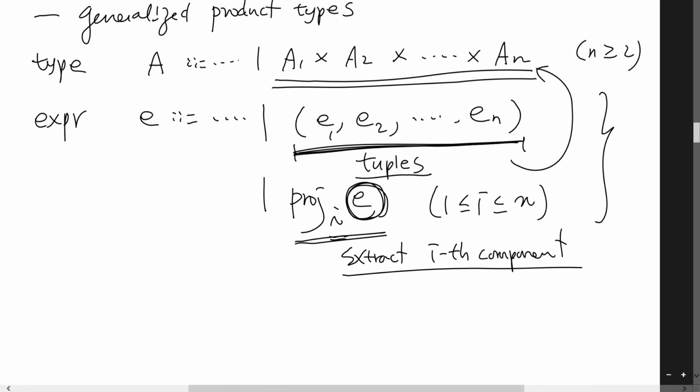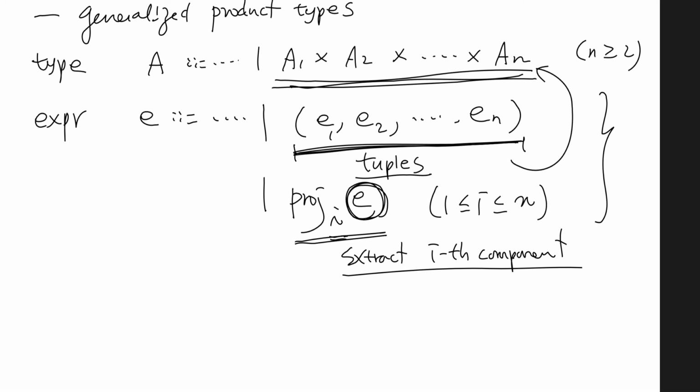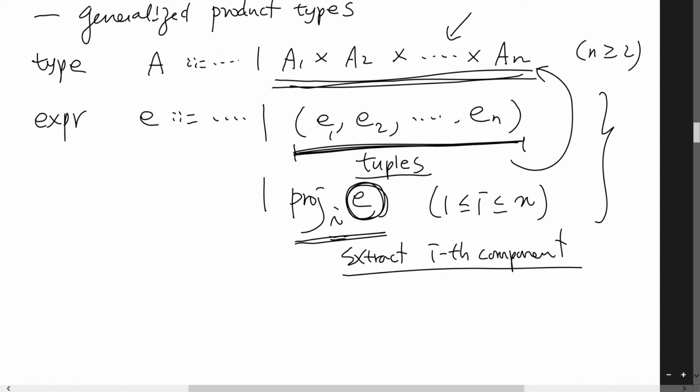So it's a simple generalization of the previous product types with 2 components. The difference is that we just allow multiple components in product types. So in some sense, we can say that we are talking about the generalized n-ary case as opposed to the binary case.